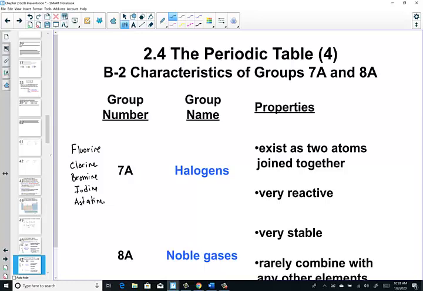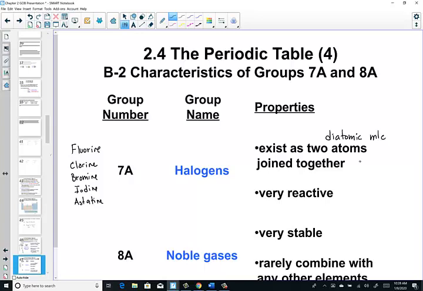The halogens consist of those particular elements, group 7A. Now, what they have in common is that they exist in elemental form as diatomic molecules. We'll learn that there's actually 7 elements that exist as diatomic molecules instead of atoms.